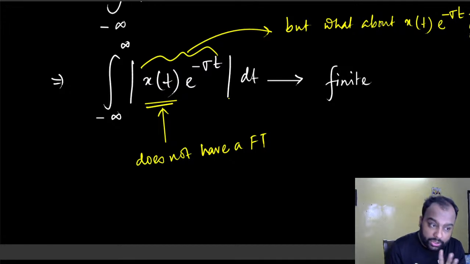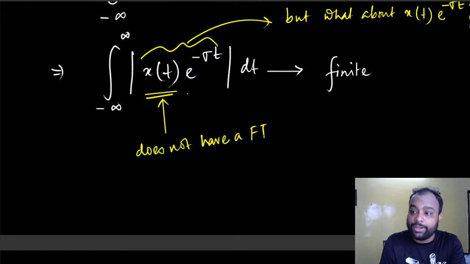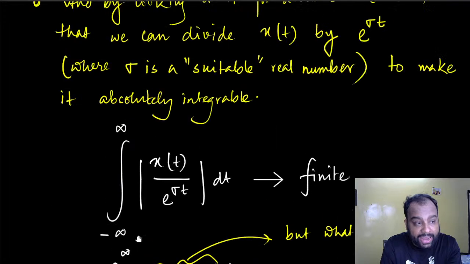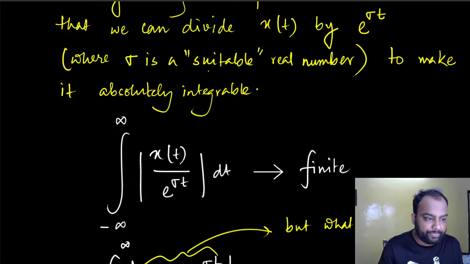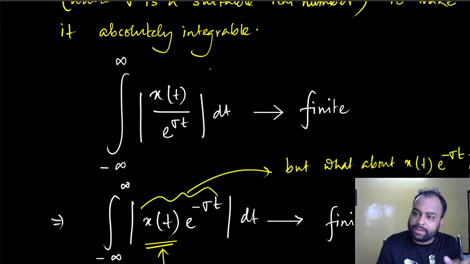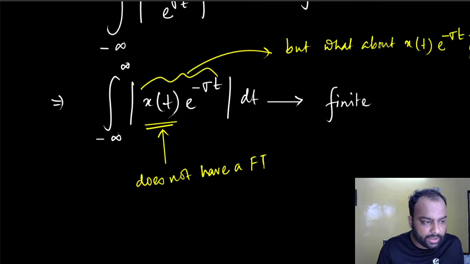So now, even though x(t) did not have a Fourier transform, x(t) times e to the power minus sigma t, where, once again, I cannot stress this enough, sigma has to be a suitable real number. Here in this example, it has to be a positive real number. Any positive real number will do. Then this signal has a Fourier transform.